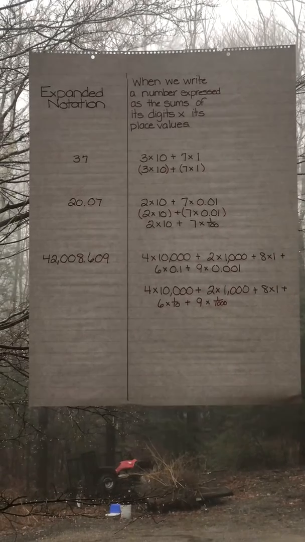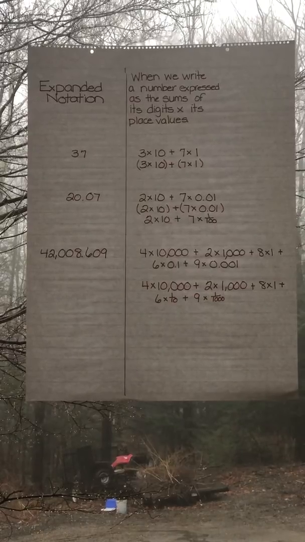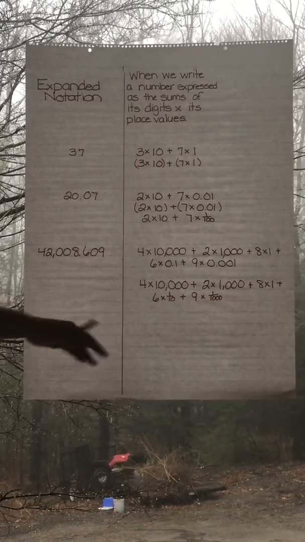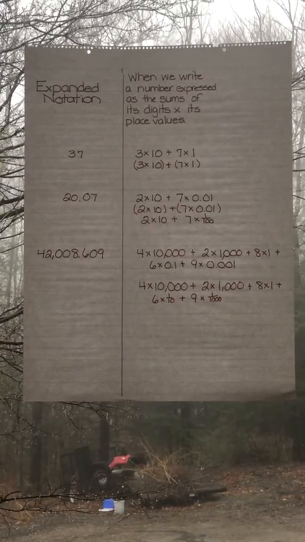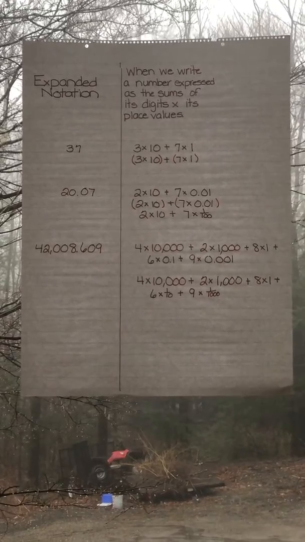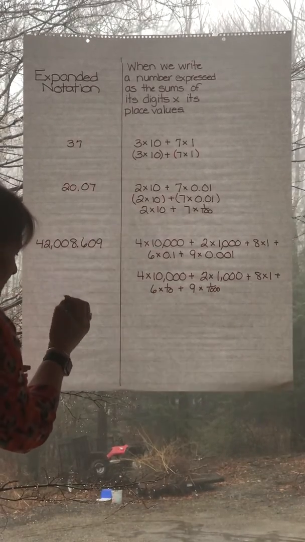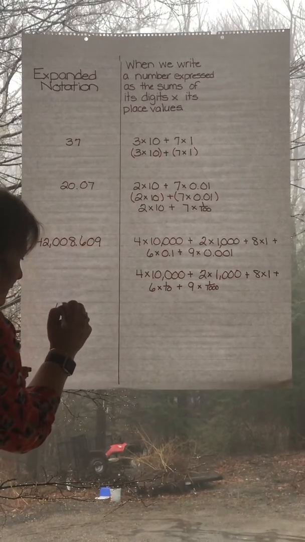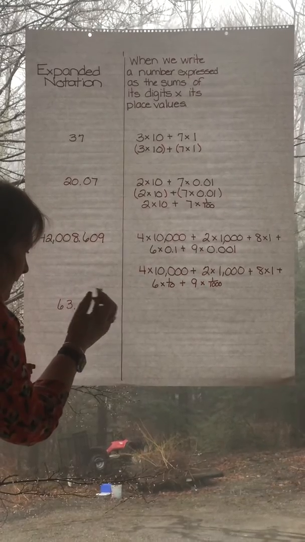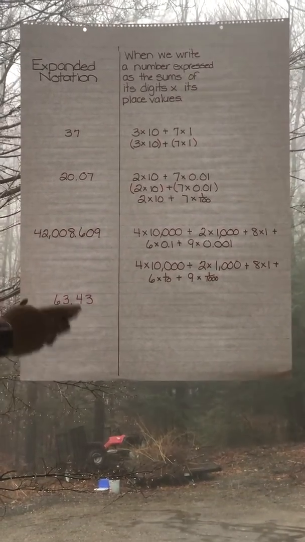I'm going to give you another one, and I'm going to give you a second or two to try to figure out what the expanded form would be, or the expanded notation, and then we'll go over it. So let's try 63 and 43/100.